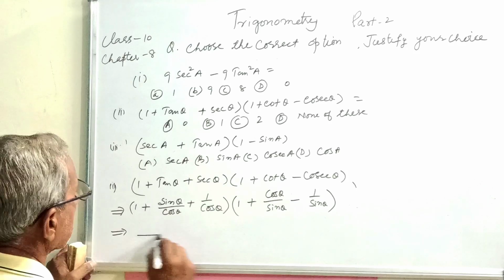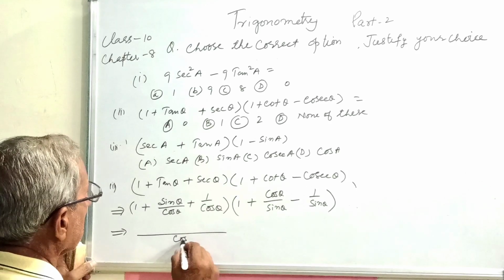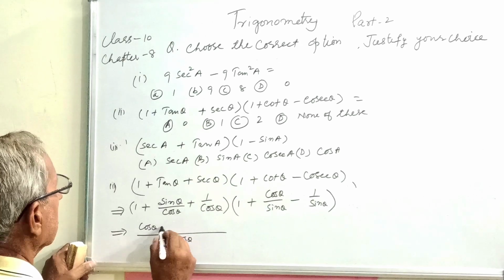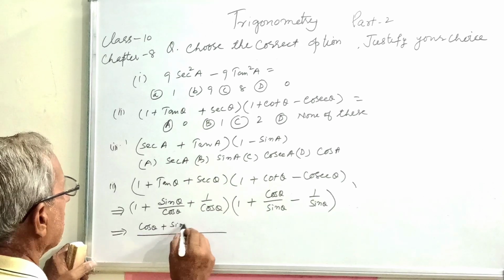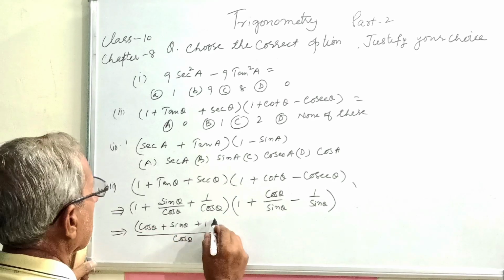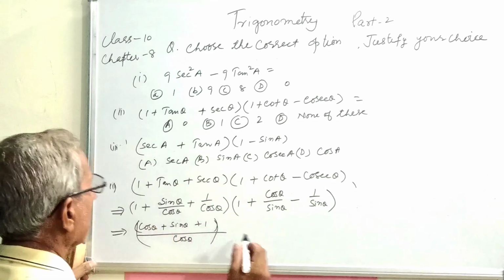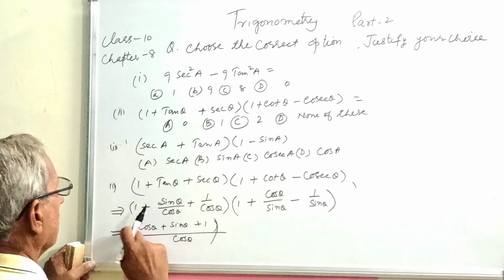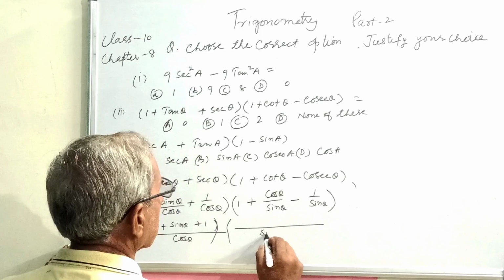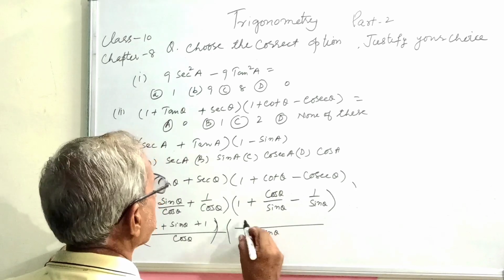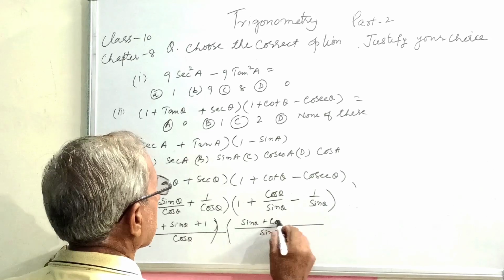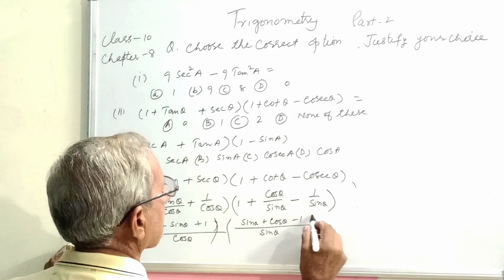In the first equation, LCM is cos theta. So cos theta plus sin theta plus 1. In the second, sin theta is the LCM: sin theta plus cos theta minus 1.